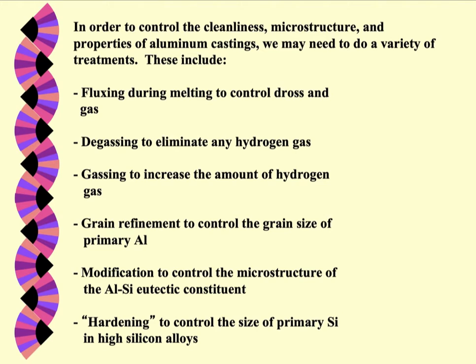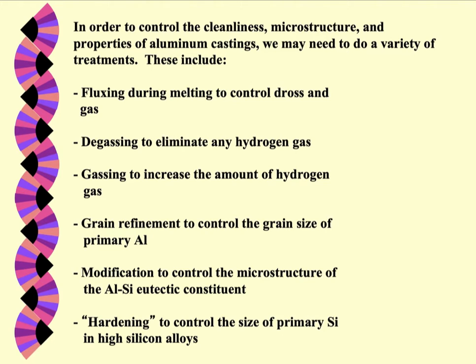Okay, so in order to get a good casting with aluminum, we need to flux it. Well, what is fluxing? We want to try to avoid it if we can, but you put some chemicals in the metal and it kind of sticks things together. It makes the metal better some way or another.